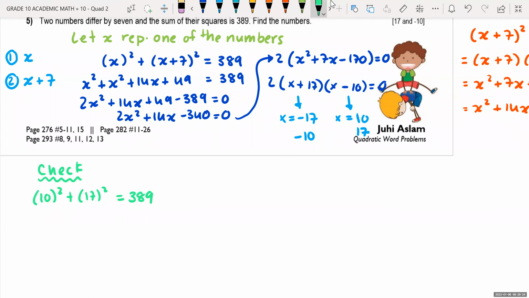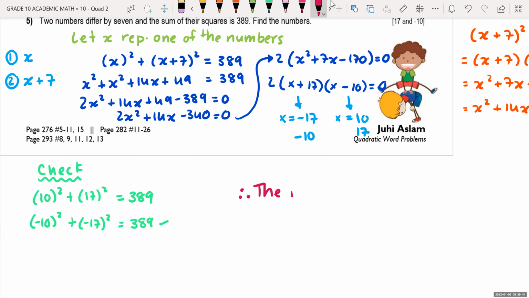Yep. And for the next one, it doesn't matter if it's negatives, because if you square anything that's negative, it's still going to equal 389, which means both of our solutions are correct.